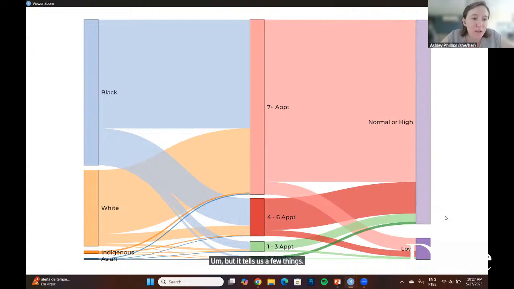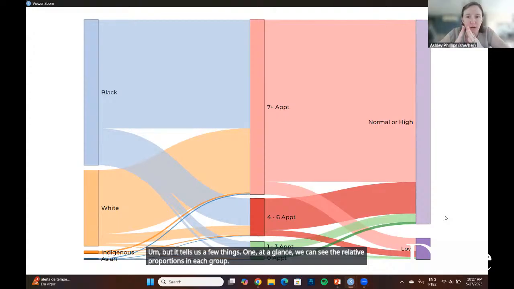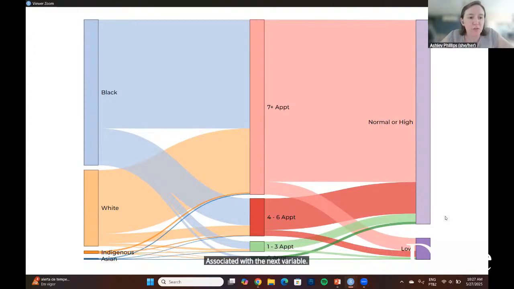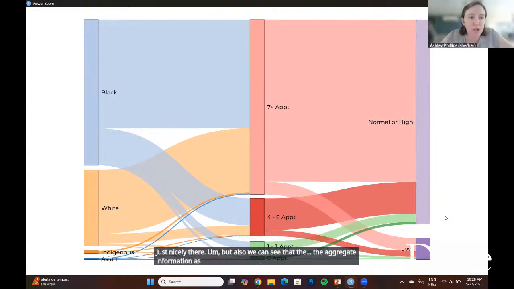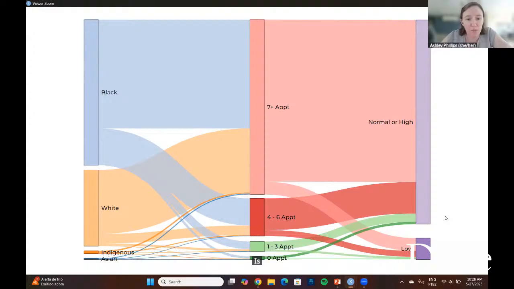One, at a glance, we can see the relative proportions in each group associated with the next variable, which she walked through nicely. But also we can see the aggregate information as well. So each closed rectangle is telling us about the whole population: you can see that the population is majority Black, that the majority is getting 7+ appointments, and that the vast majority is getting the normal or high birth weight.